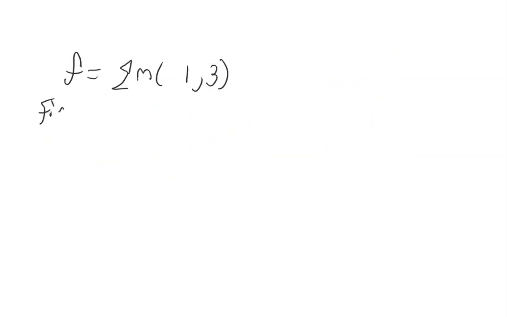Find F in canonical product of sums shorthand notation. SHN stands for shorthand notation. So let's take a look and see how we could do that.